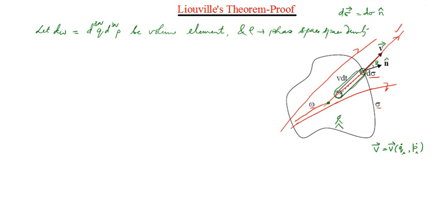So we will be calculating the rate of flow of representative points into the volume. So this is what we are going to calculate: the rate at which the representative points, I'm writing RP for representative points, in the volume, that is omega, increases with time.